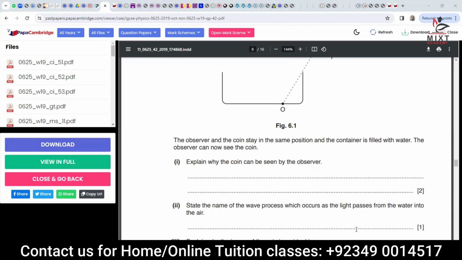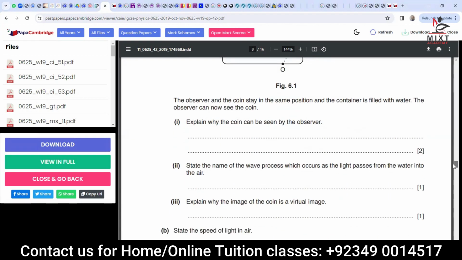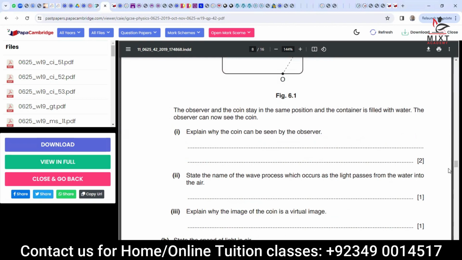Next question is: explain why the image of a coin is a virtual image. This is for 1 mark. Why is the image a virtual image? Yes, students.